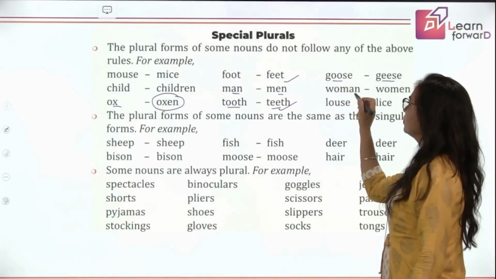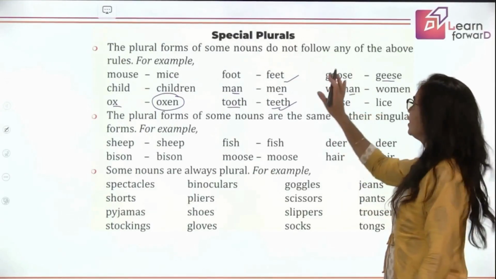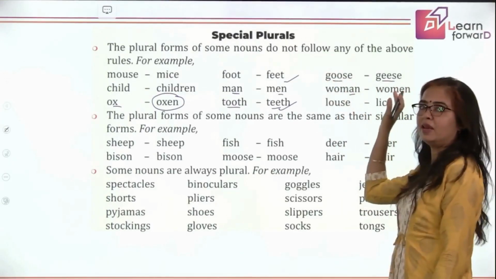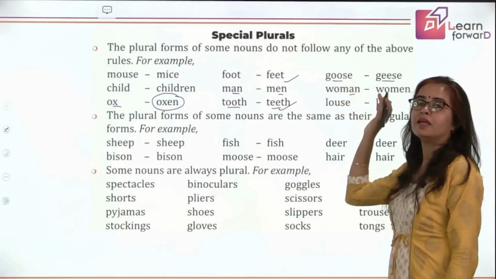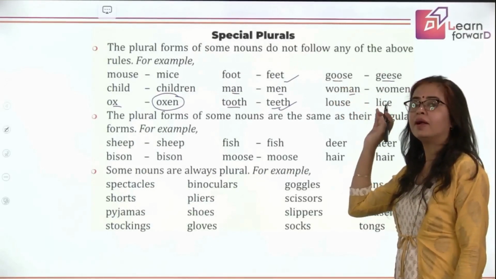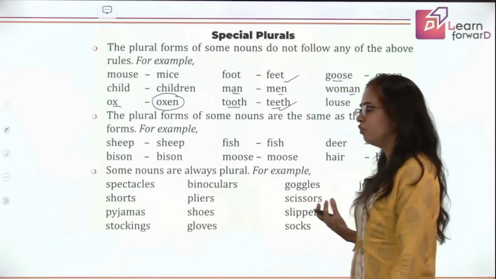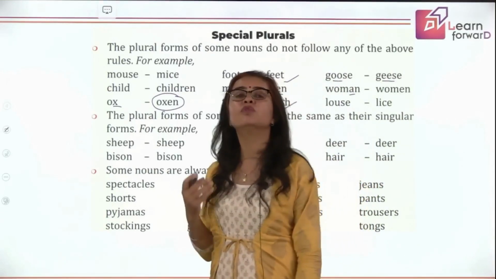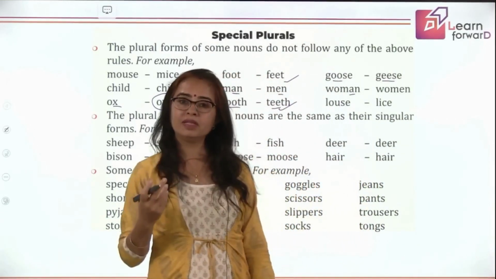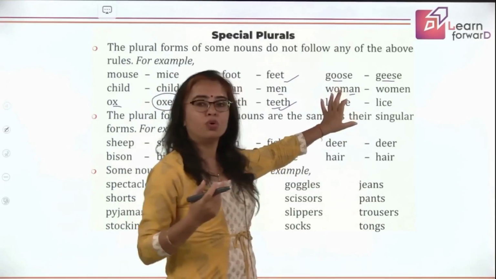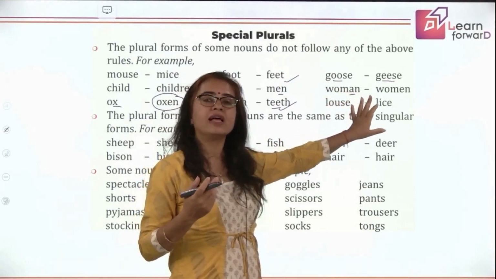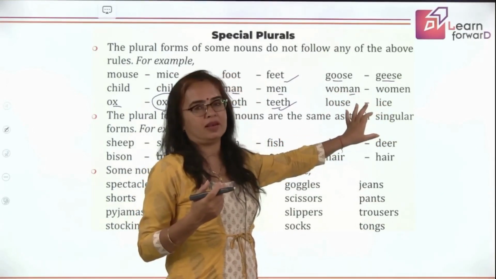Woman. This A. Just like in man, man becomes men. In woman, it becomes women. But how do we pronounce it? How do we speak it out? We say it's women. Remember this, we do not change this O here, but it is pronounced differently.